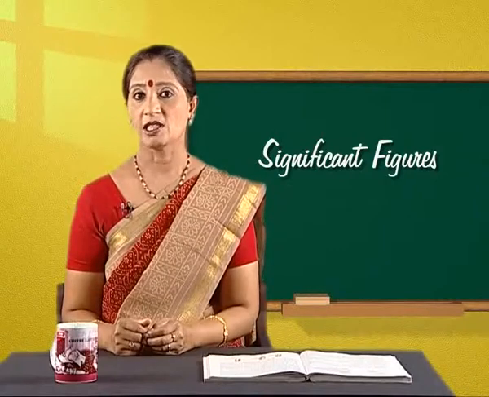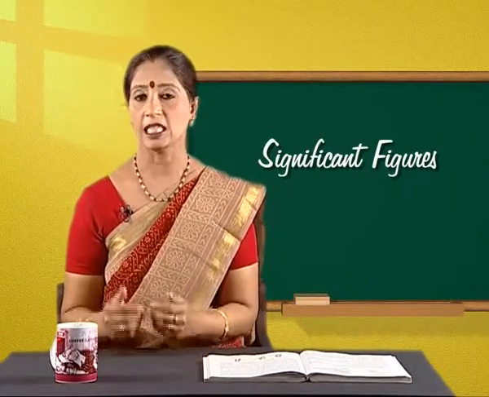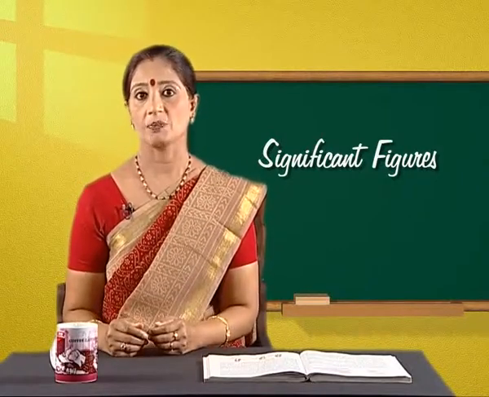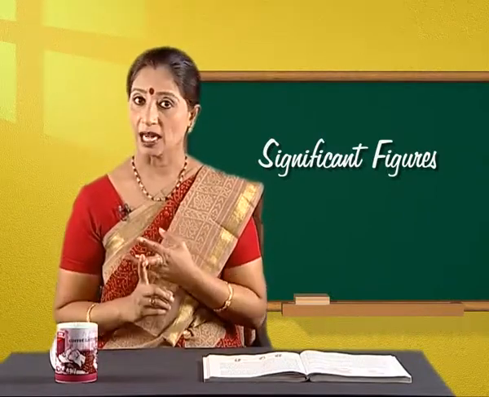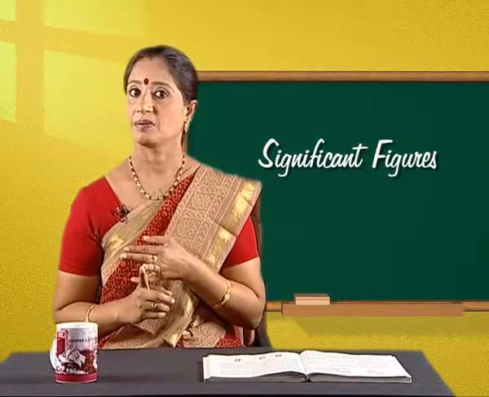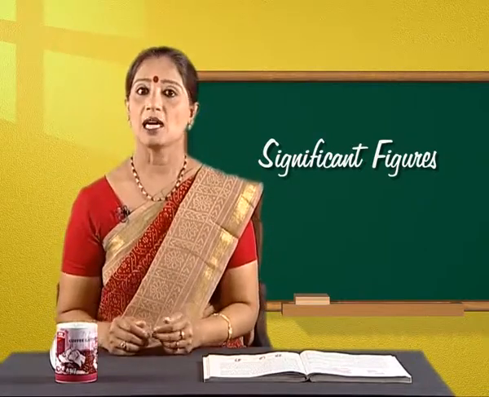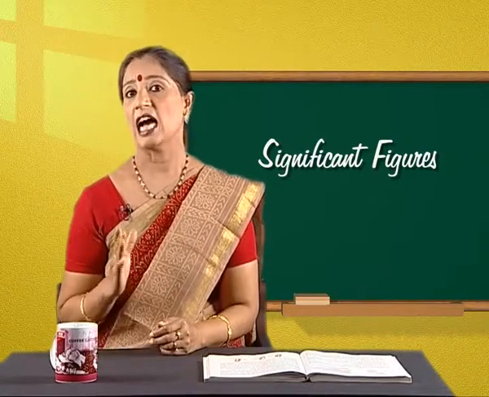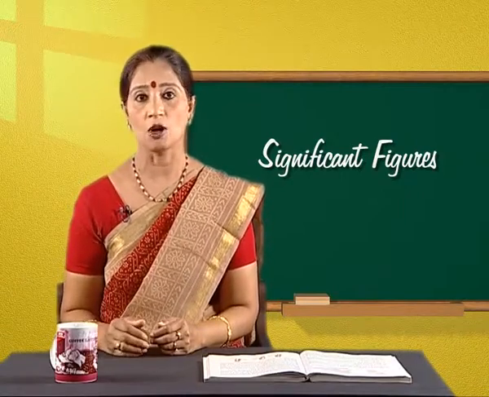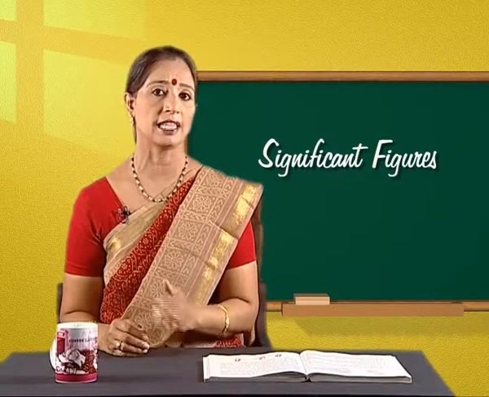In other words, we are somewhat uncertain about that last digit. It could be a 2, it could be a 1 or a 3. Similarly, a mass of 13.20 gram indicates an absolute uncertainty of 0.01 gram.